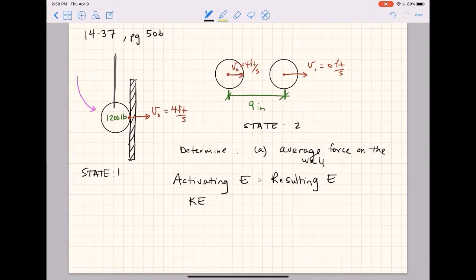So kinetic energy is equal to, well, you might think a couple of things here. First of all, you might think, okay, well, the potential energy, right? Potential energy, because it's moving up. But remember that assumption, it says that it only moves a horizontal distance.